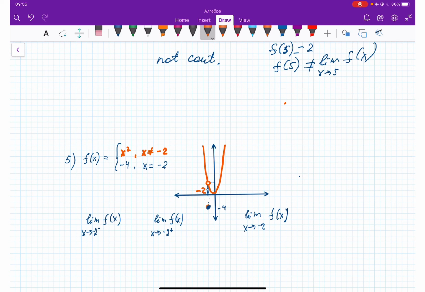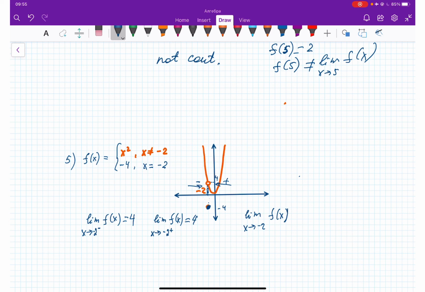When approaching this hole from the left side, we get a result of, if this is negative 2, this will be 4, for example. When approaching from the positive side to negative 2, it's still 4, right?